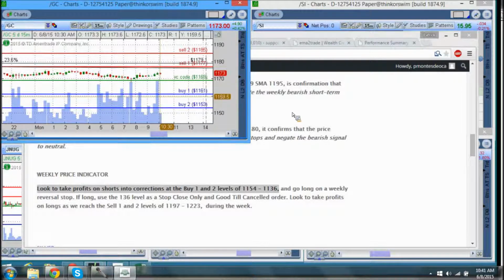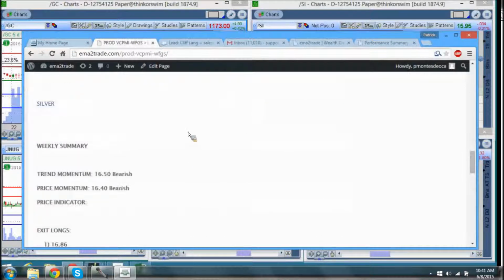For the silver market, let's take a quick look at the silver market here.